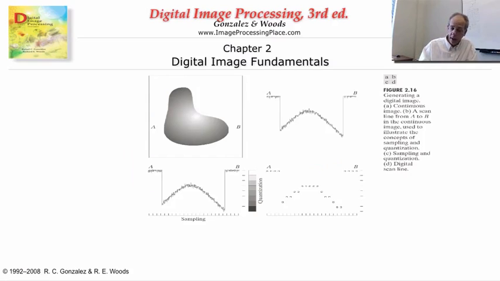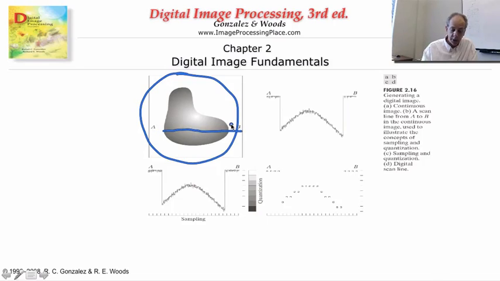This is the object as we actually see it. Let's just look at one line across this object. We see that it has different values. It goes from white to gray. So let's now draw the profile, which is what we see here. It's very light, white, and then it becomes a bit dark.